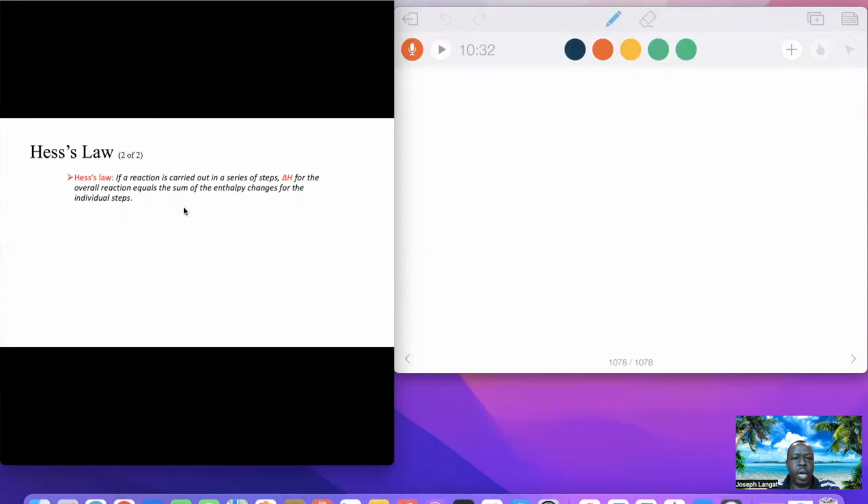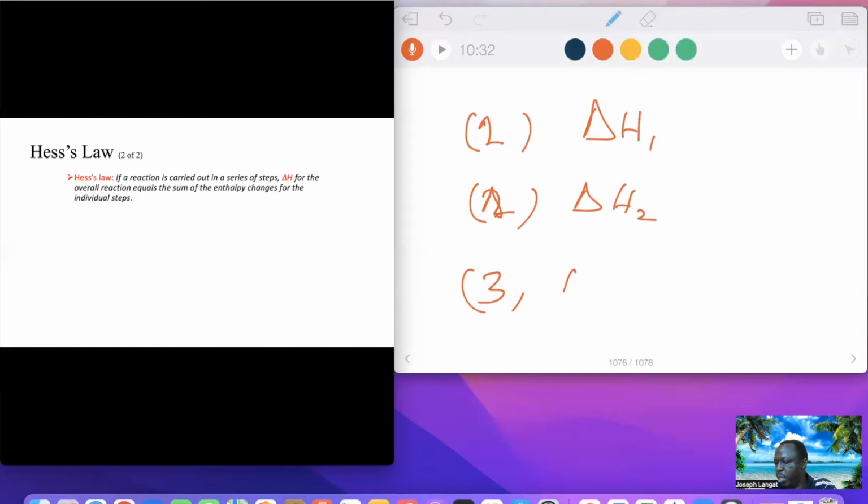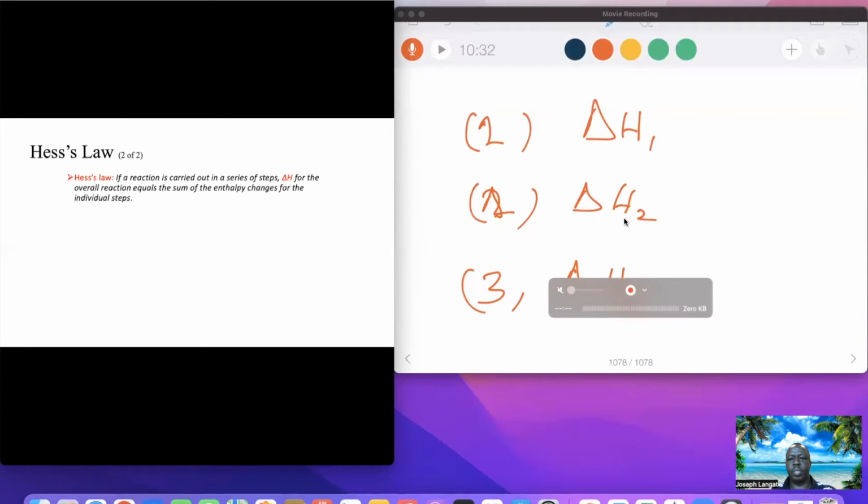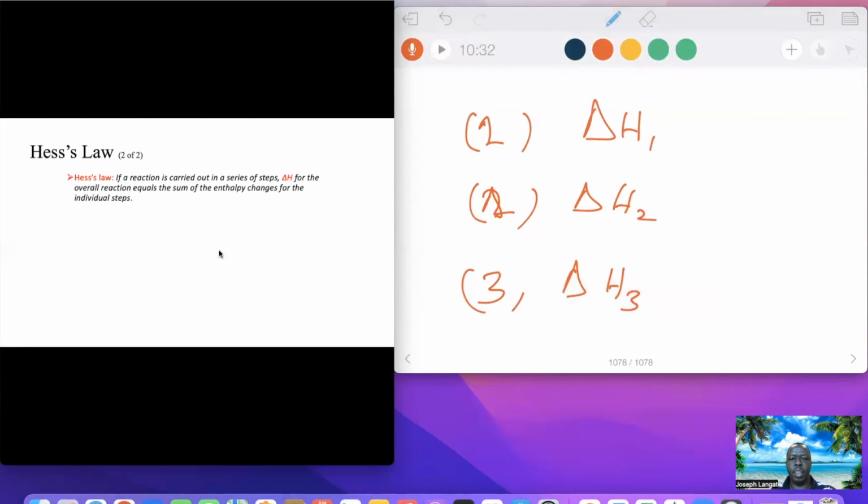If a reaction is carried out in a series, look at this. Series means we may have step number 1, step number 2, step number 3. This means delta H1, delta H2, delta H3. We have different steps: step 1 with its own enthalpy of reaction, step 2 with its own change in enthalpy of reaction, and then the summation.